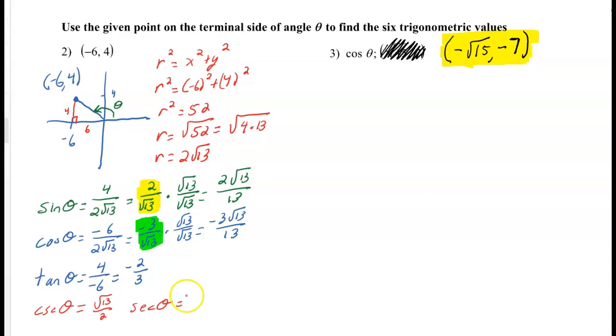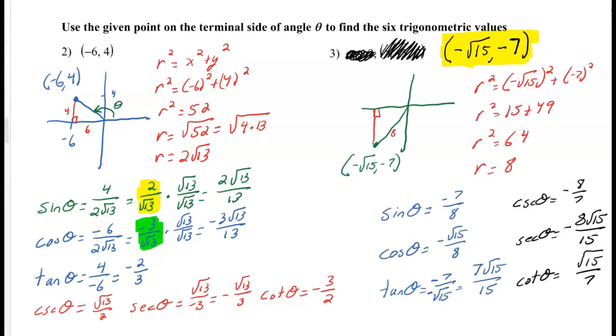Therefore, the secant of theta is root 13 over -3. It doesn't matter where you put the negative for clarity. And then the tangent of theta we know is -2/3, so that makes the cotangent of theta -3/2. It would be my suggestion you pause the screen and complete problem number 3 with that yellow point.